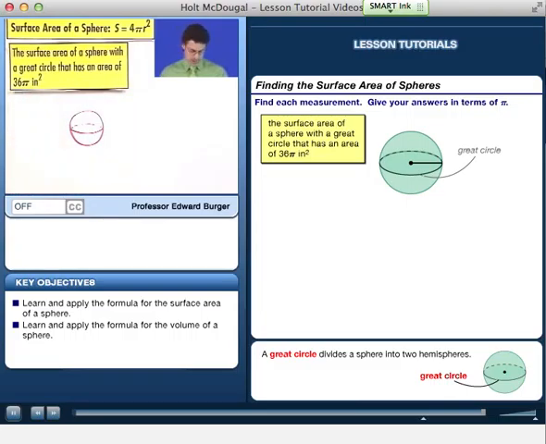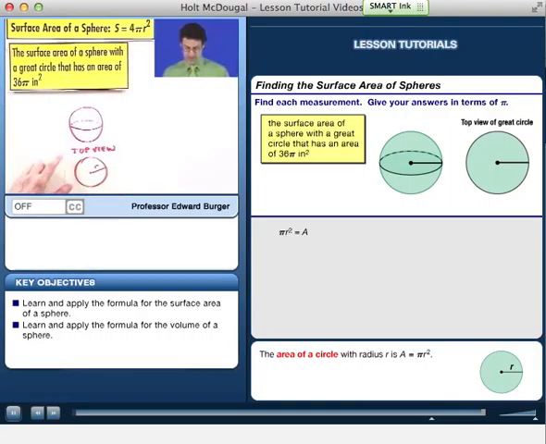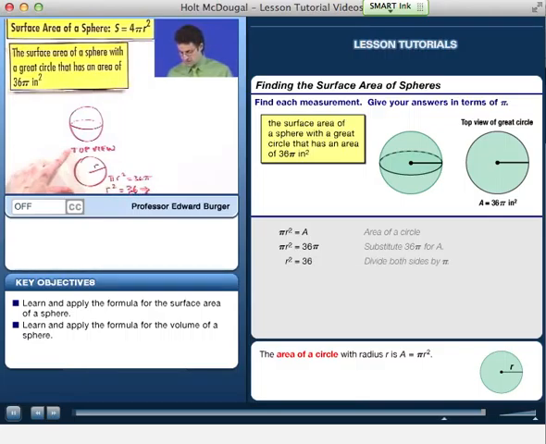Well, if I take a look at a top view, then here's the great circle. I don't know what the radius is, but its area is 36 pi. Well, we know the area is pi r squared, and that equals 36 pi. If I divide both sides by pi, I see that r squared has to equal 36, which means r has to be either plus or minus 6. But of course, we know r is positive, so r must be 6.